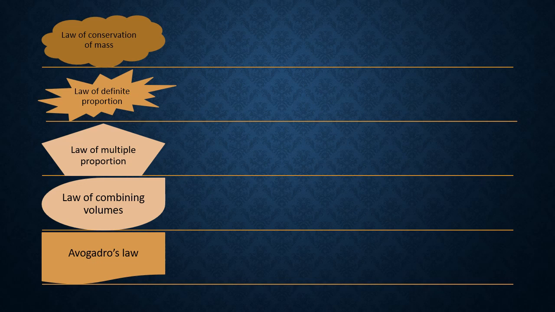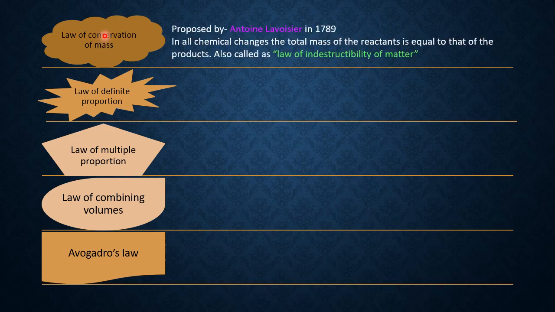The first one, law of conservation of mass. You see, in the title only meaning is there. Mass is conserved, mass is protected, mass is maintained. Let us see the statement. This law was proposed by Antoine Lavoisier in 1789, and the statement is, in all chemical changes the total mass of the reactants is equal to that of the products.